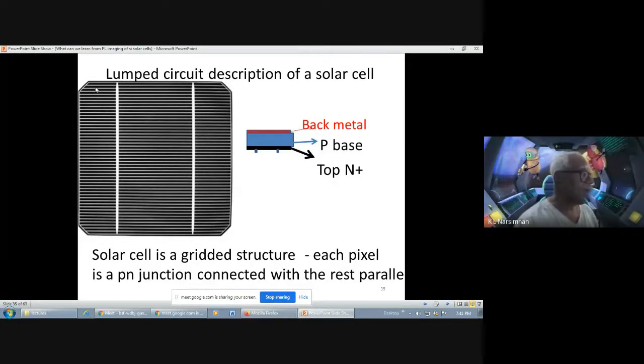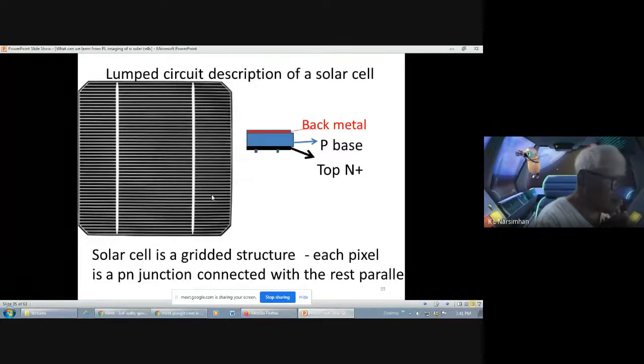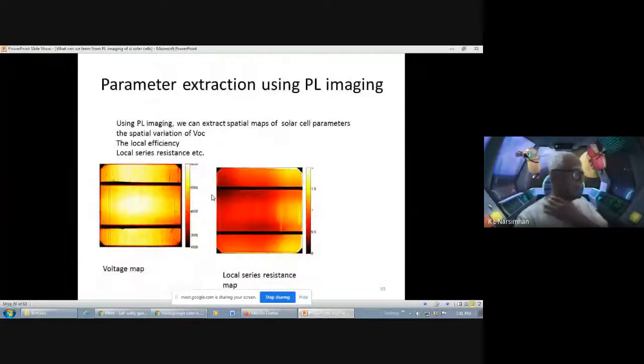But now, depending upon my pixel size, which is essentially my camera, for each pixel I can generate this IV at each part and then see how different the local IV is. And from that I can say, oh, this part has a high series resistance, so I must do something to fix this. Or this part has a low current, so I must do something to fix this. So it's a great diagnostic tool, and that was the purpose of this slide.